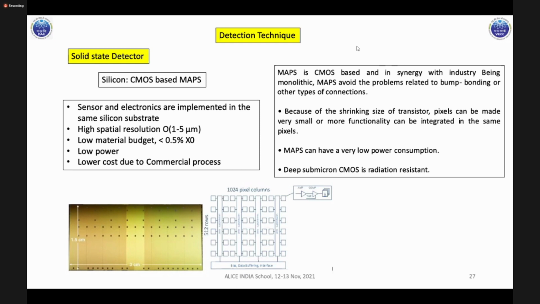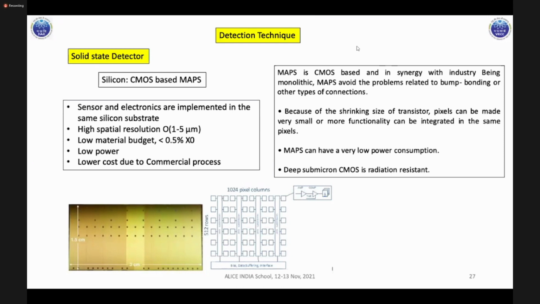Because with this technology, they can shrink the dimension of the transistor. So as a matter of fact, what will you achieve? You have sensors plus immediate front-end electronics within the same tiny silicon chunk, and get a very small material budget as well. So very radiation hard, cost is low, very high granularity.